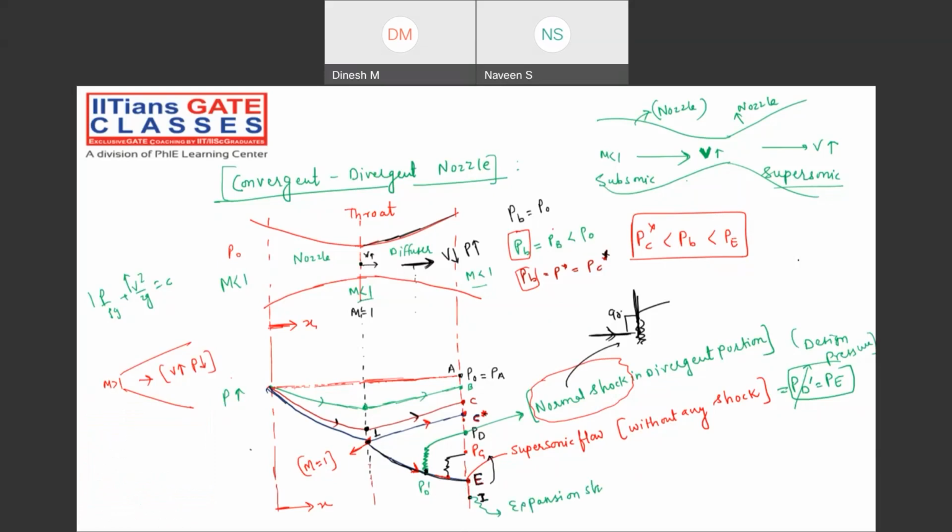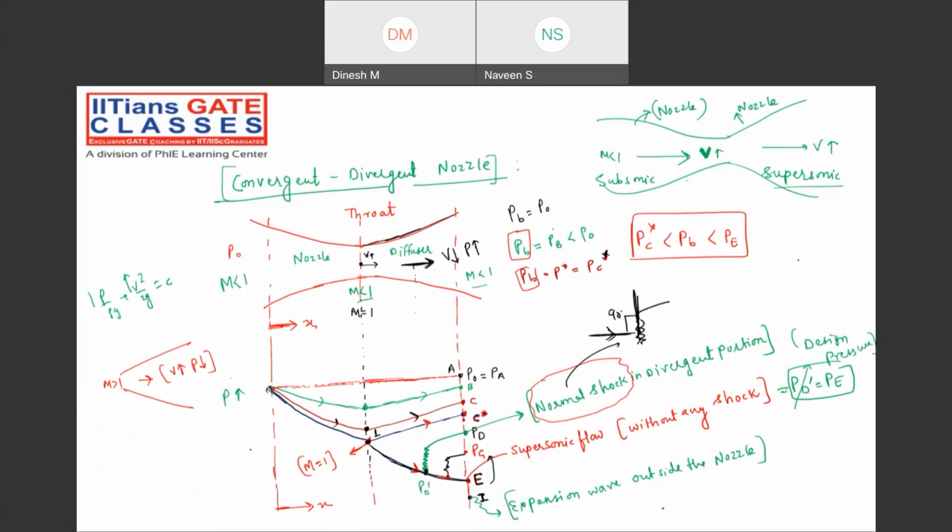Or simply, I'm not calling expansion wave a shock wave because it is beneficial for us. Expansion wave outside the nozzle, not inside the nozzle, outside the nozzle.